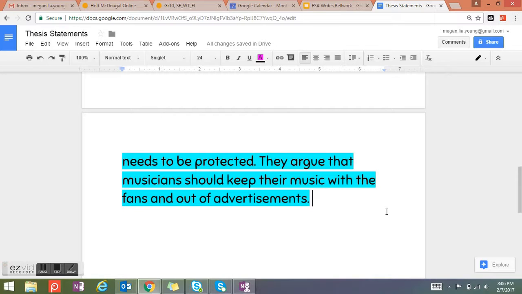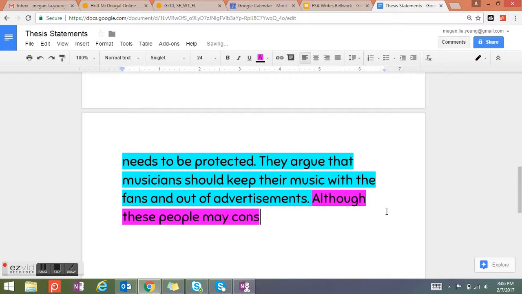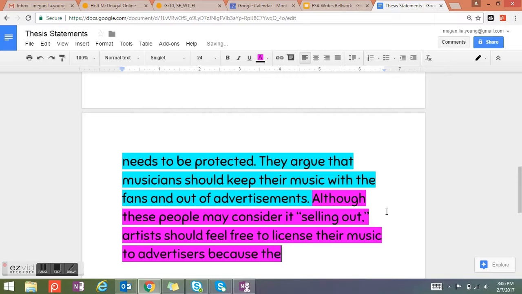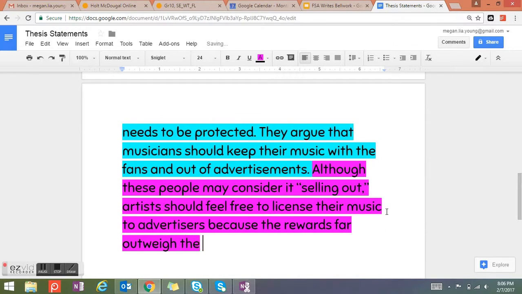I'm going to say, although these people may consider it selling out, quotation marks, artists should feel free to license their music to advertisers because the rewards far outweigh the risks. So that part should sound familiar. That's our thesis statement that we went over before.